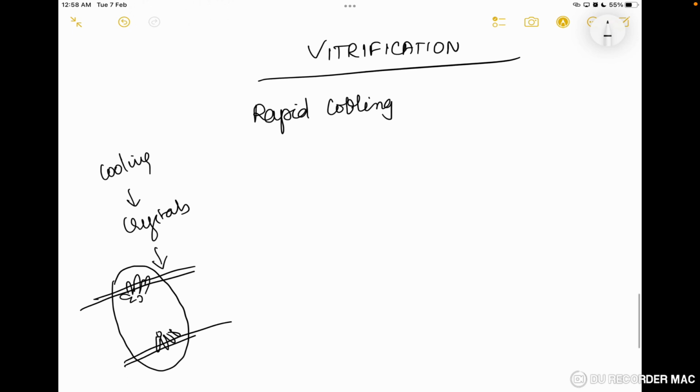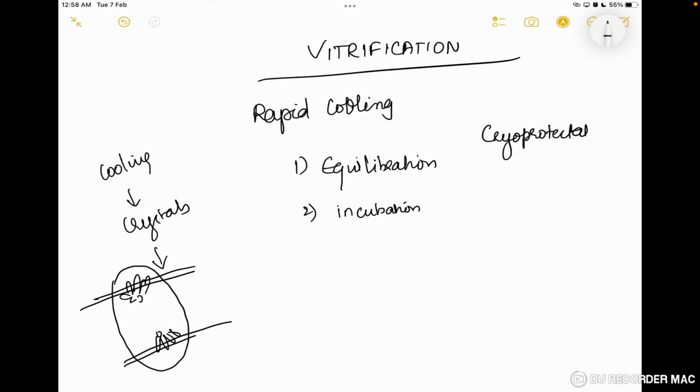It has two phases. One is the equilibration phase, and the second one is the rapid incubation phase. In the equilibration phase, we are giving cryoprotectants. When a cell has a cell membrane and all the organelles and is undergoing cooling, the crystals are harmful not only to the spindles but also to the structure.